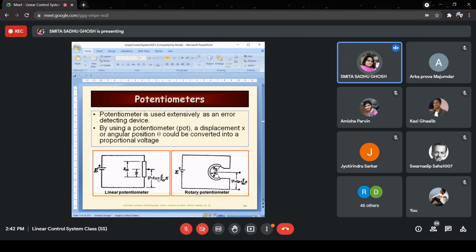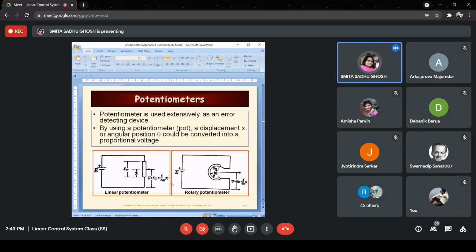Now, if we try to see what that constant is going to be, you can see that the overall voltage which is applied across the whole resistive element is given by E. So capital E by capital Xm, multiplied by small x, will give us the voltage at the output side, right?